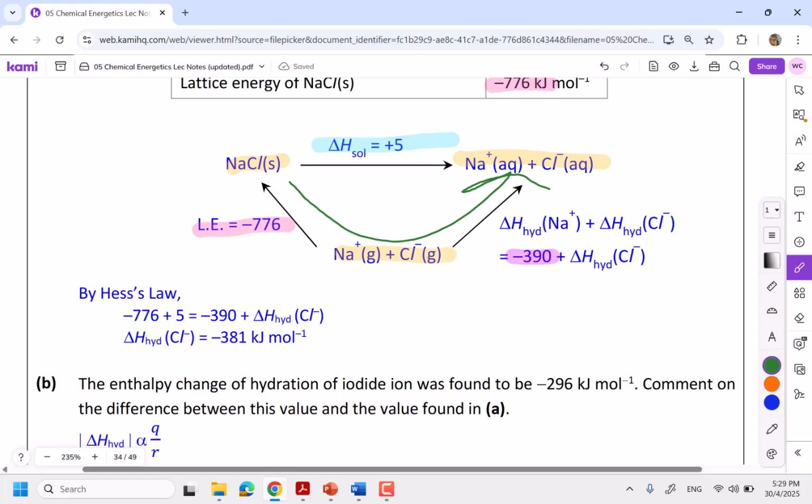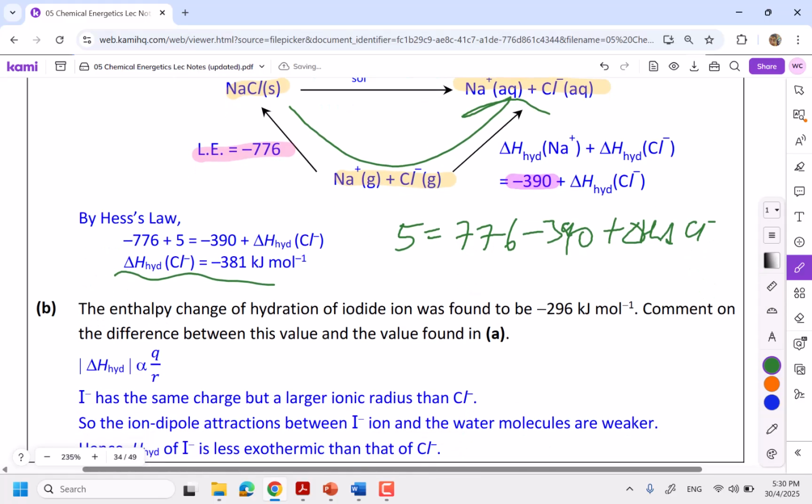So what I'm going to get here is 5 equals 776 minus 390 plus the enthalpy change of hydration of chloride. I can do it like that as well. It doesn't really matter how you go about doing that, as long as you get the correct answer. So we're getting a value of negative 381 kilojoules per mole.